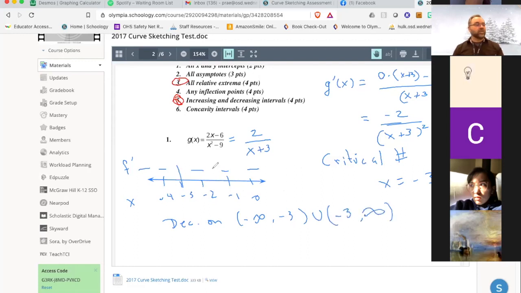It's never increasing. So could it have any relative extrema? No, it never changes sign. So we've answered 5. We also have answered 3. There's no relative extrema, because f prime of x does not change sign.